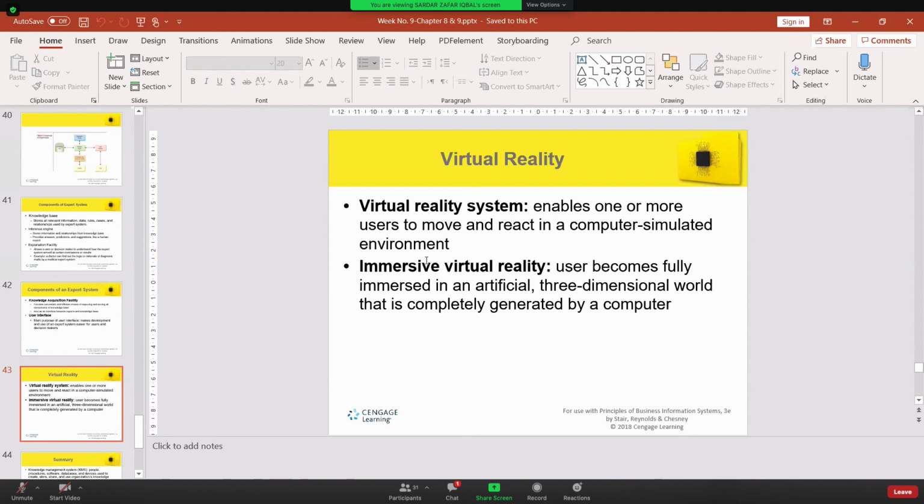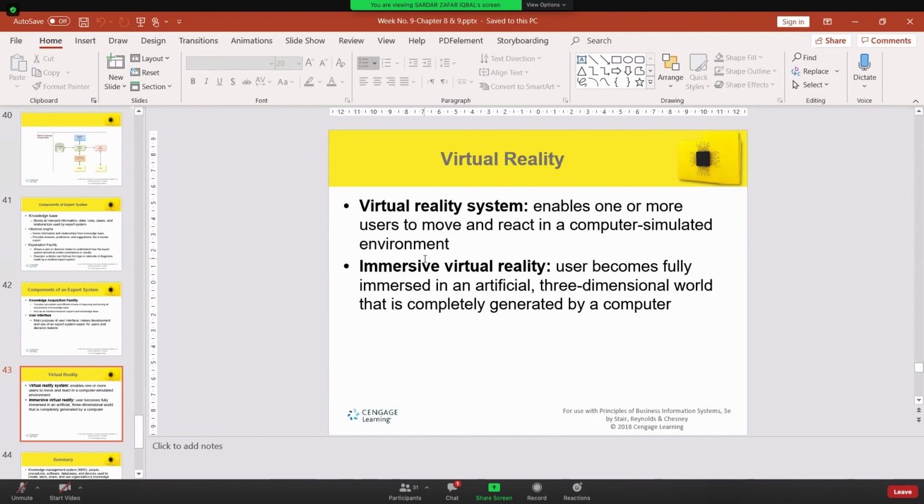It will give you the feeling that you are working in a complete virtual environment. There is another reality called augmented reality, where you can interact with both the real environment as well as the virtual environment.